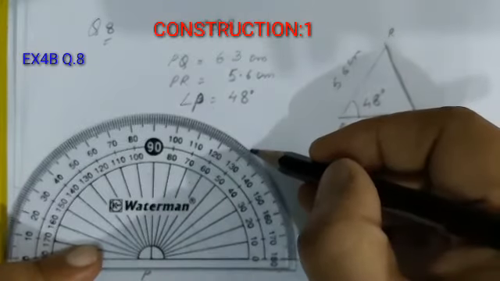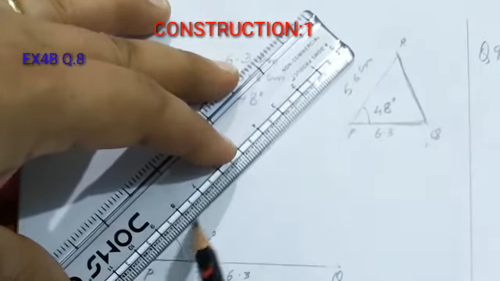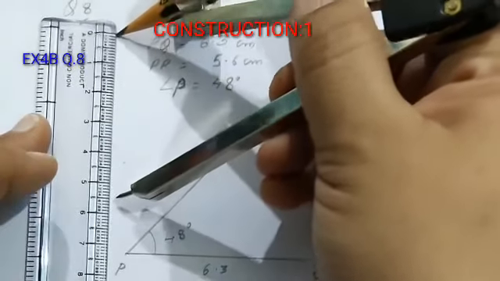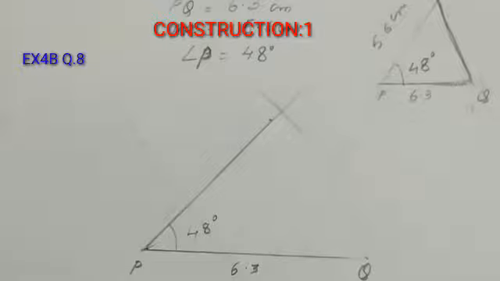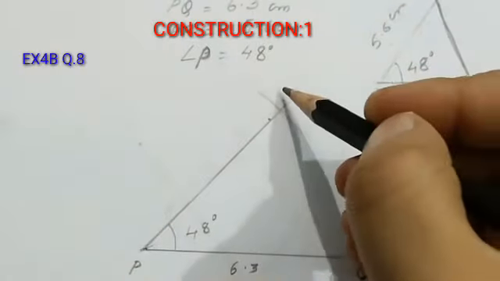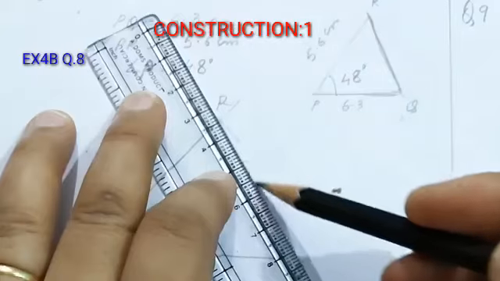Mark the point there at 48 degree. Complete this angle. Take an arc length of 5.6 centimeter, children. P as center, draw an arc at 5.6 centimeter. This point is R. Join R to Q.